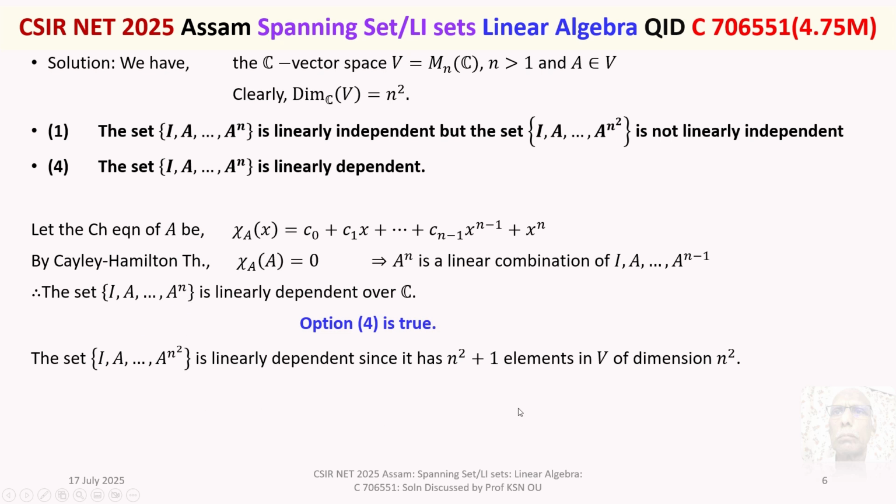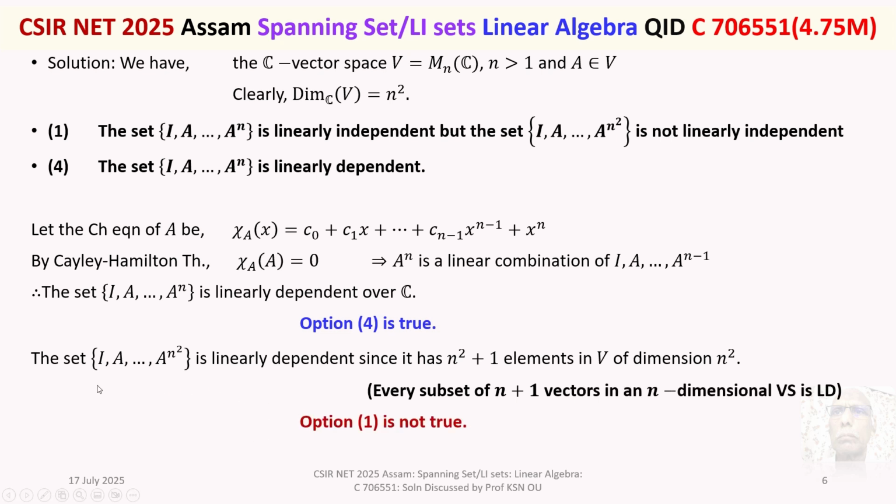And you know, every set consisting of n plus 1 elements in an n-dimensional vector space is always linearly dependent. That's the result we are using.